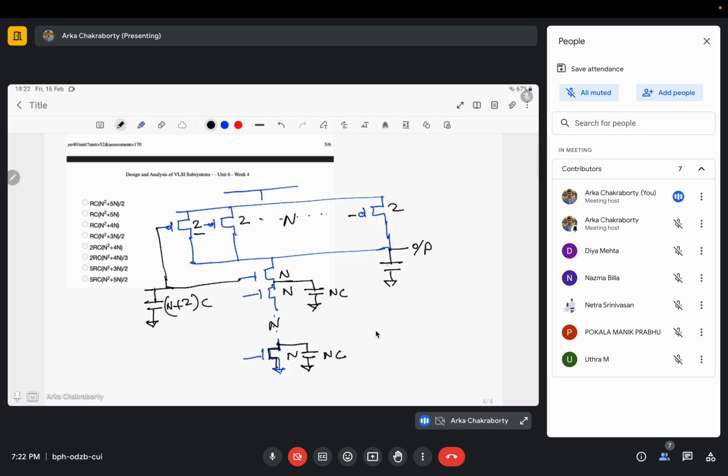Now what would be this final output capacitance here? Anyone? From this one it will come NC, and how much would be the contribution from these n PMOSes? NC plus what?